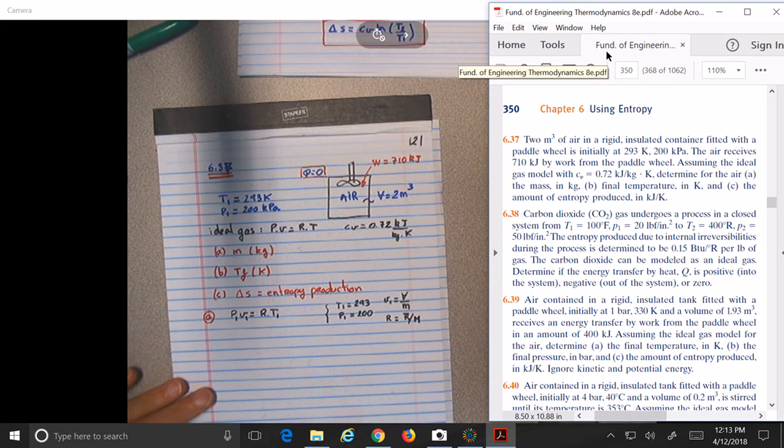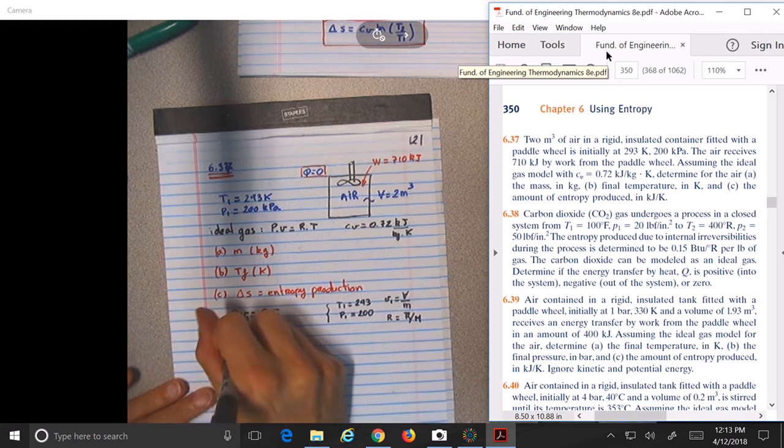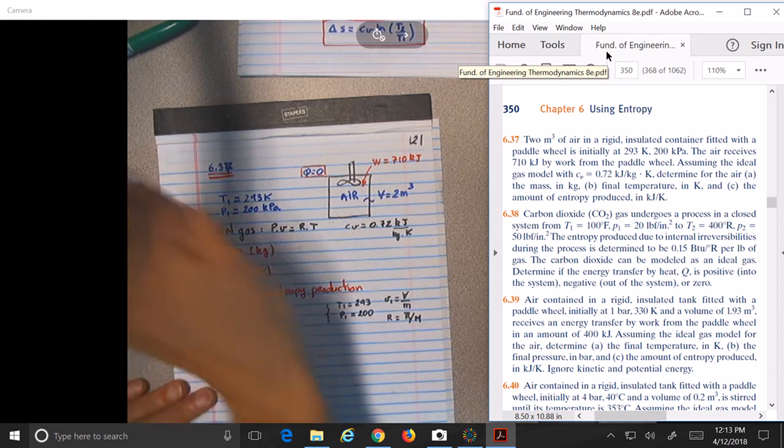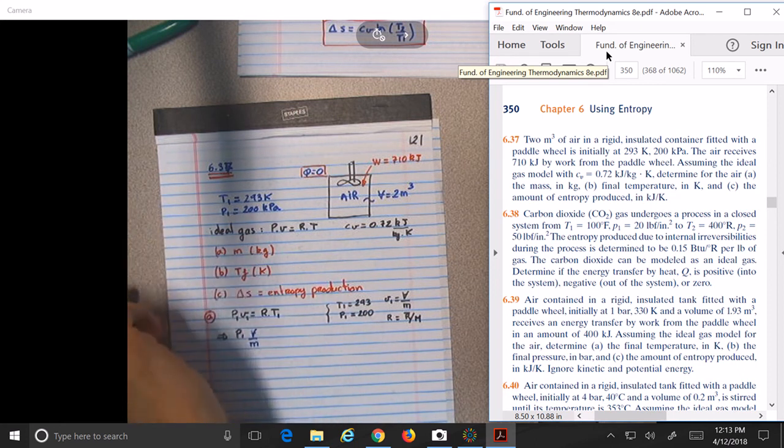So basically, if I start substituting, this equation becomes what? P1, because I don't want to do the calculations, but I'd rather find the expression here, V over m.